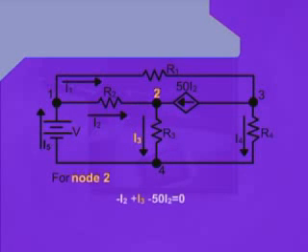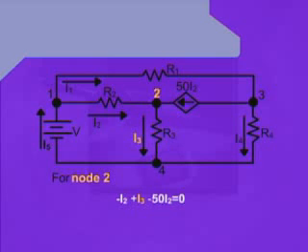For node 2, we can see that there are also 3 currents which are affecting the node 2. Current I2 is approaching the node 2. Current I3 is leaving the node 2 through resistance R3, and the current source having a value of 50 times I2 is showing that this current is also approaching the node 2.